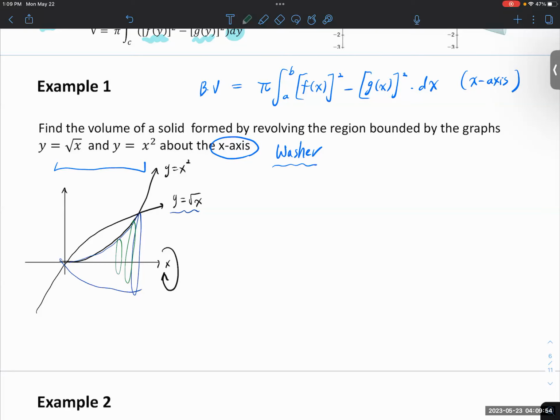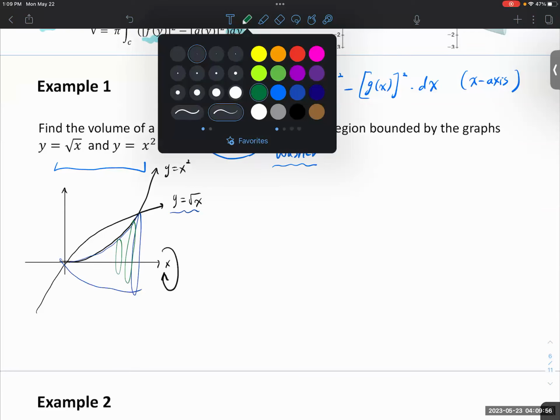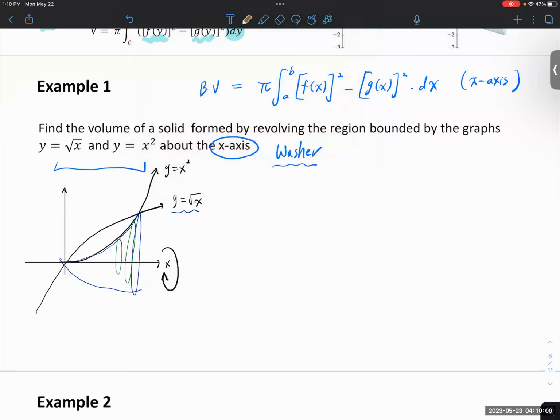It's a little bit hard to imagine, but you can see easily which one is the higher function. Between these two, this one is always higher than the second function. So the quadratic function is always higher than the radical function.